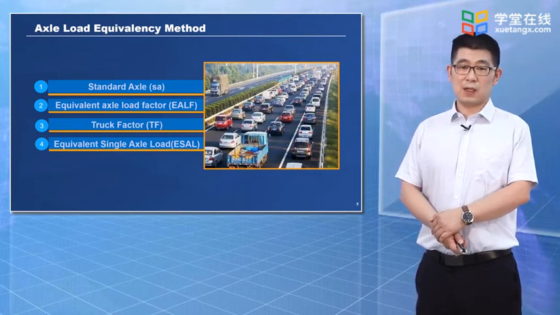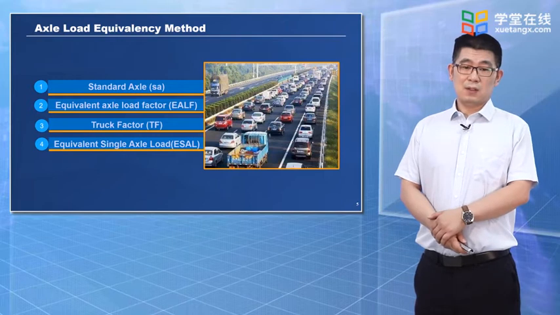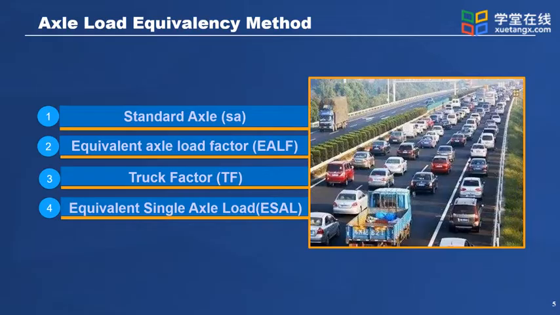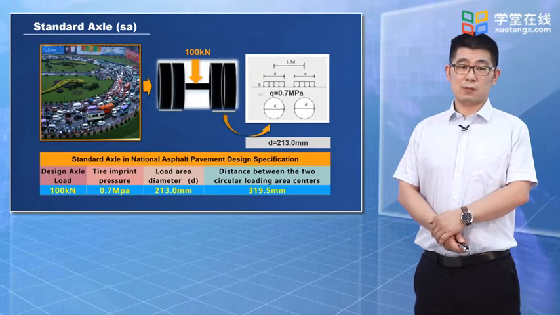In order to better understand ESAL, we first discuss a few concepts: standard axle, SA, equivalent load factor, ELF, the truck factor, TF, and equivalent single axle load, ESAL. The standard axle load represents the axles among the traffic flow.